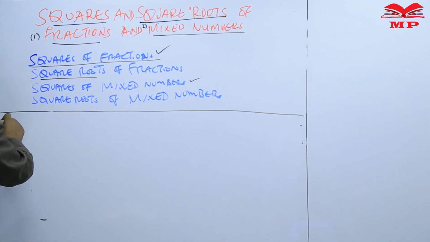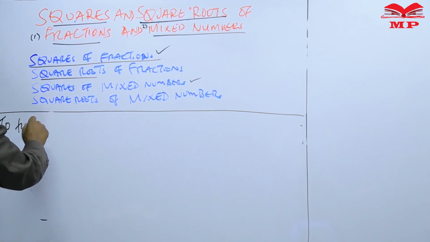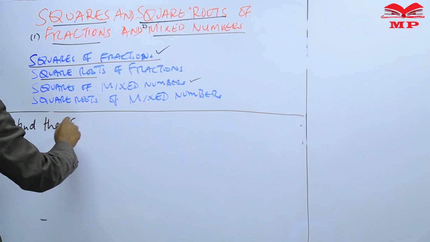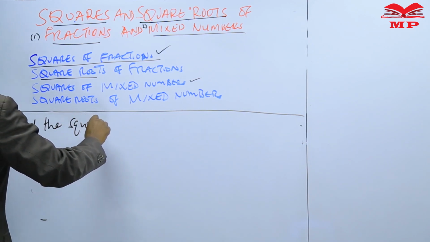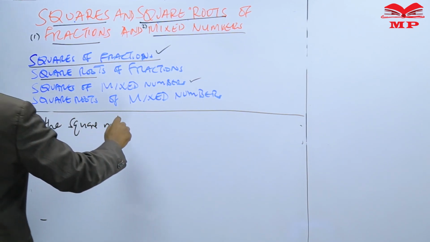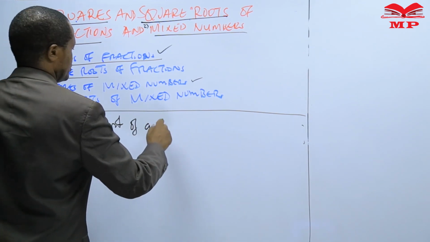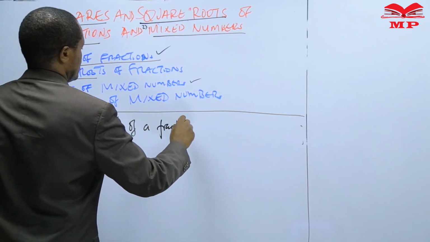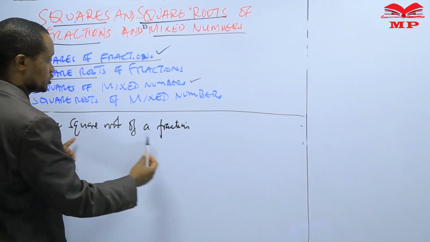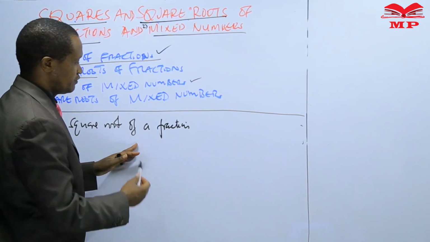How do we find the square root of a fraction?